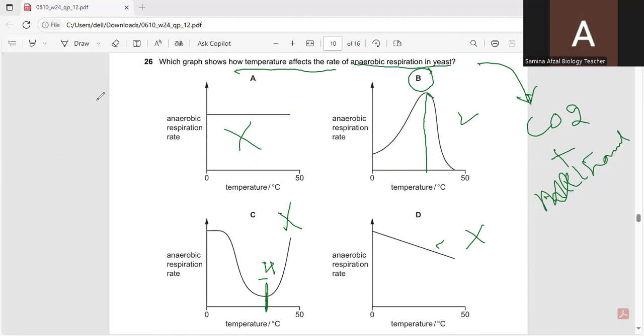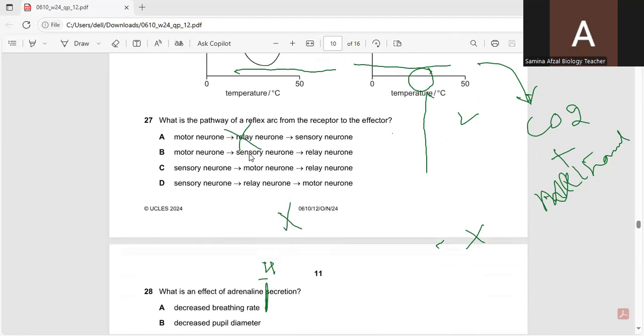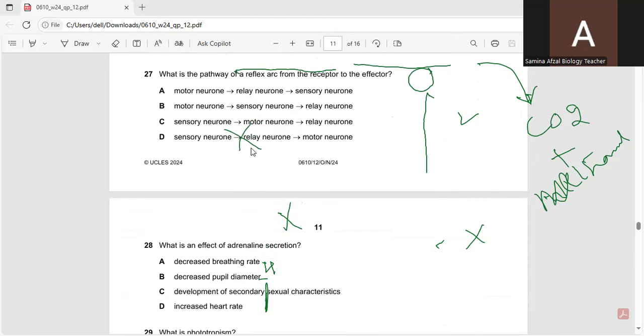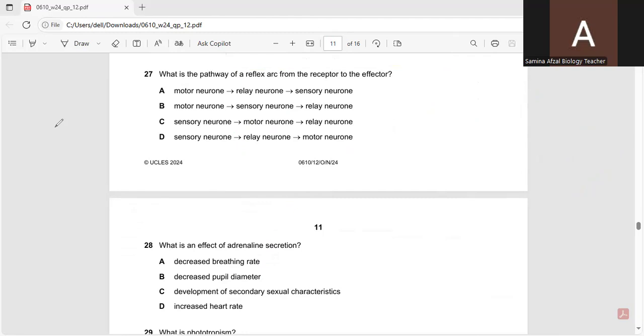Now we are moving towards the next question number 27. And question number 27 is, what is the pathway of a reflex arc from the receptor to the effector? Stimulus will be detected by the receptors.